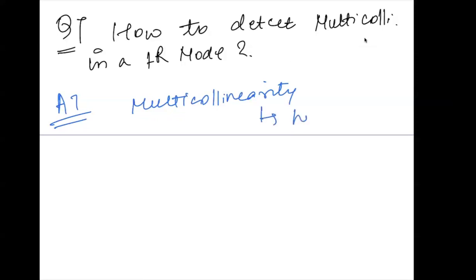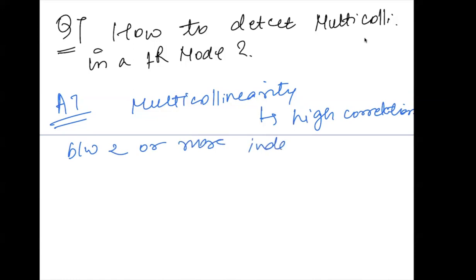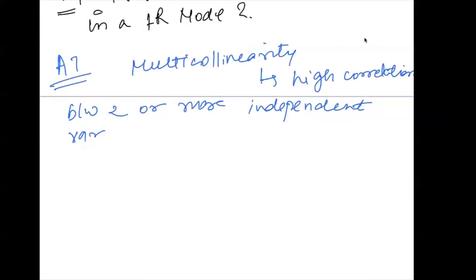High correlation between two or more independent variables, and this is very common. I'll give you a live example. I was working on a credit risk data set. There were two variables, FICO high, FICO low.